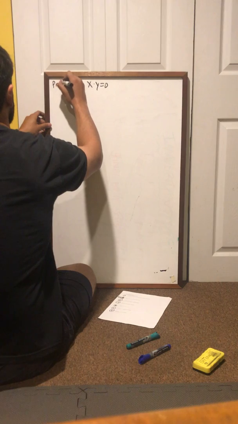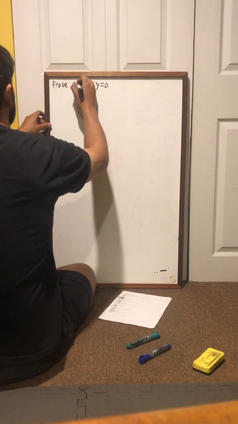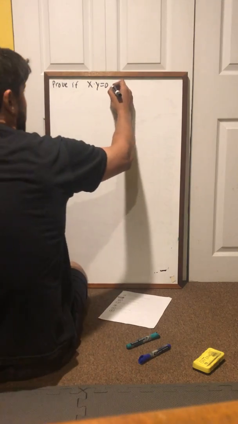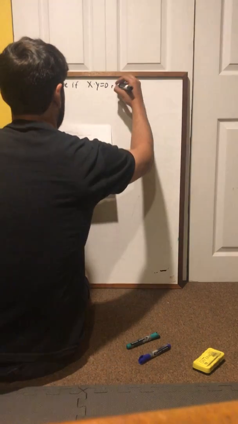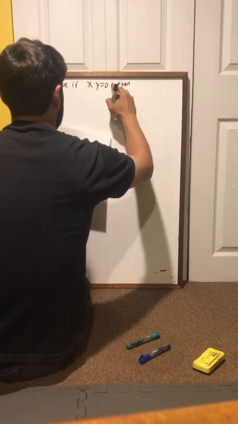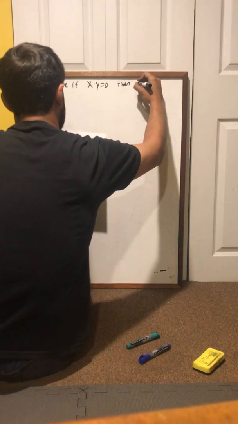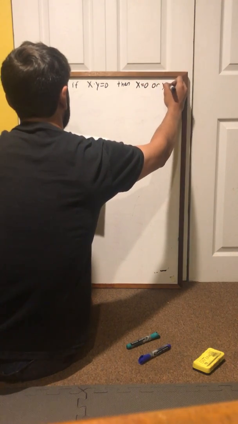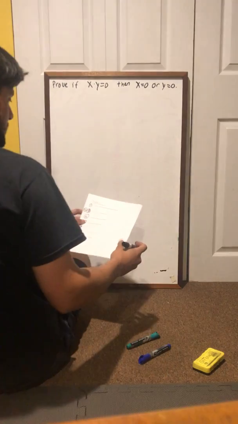Prove if x times y equals 0, then x equals 0 or y equals 0. Okay?